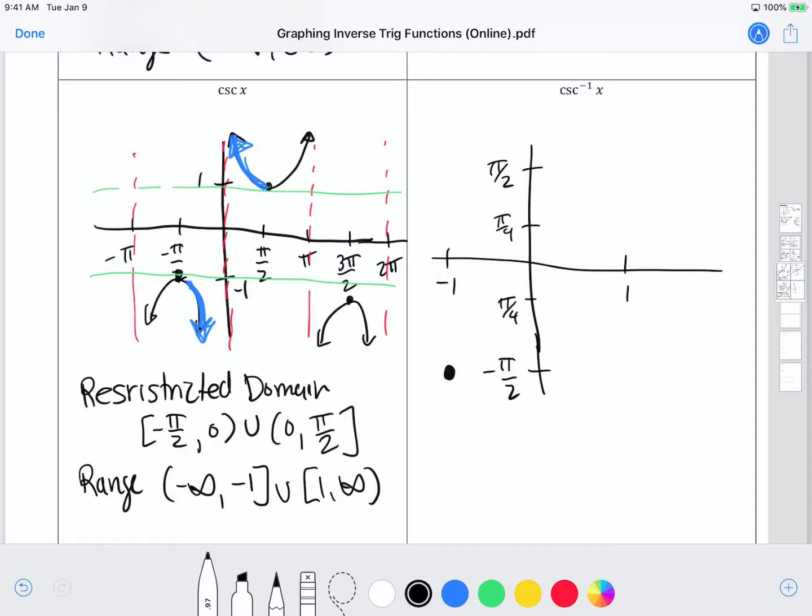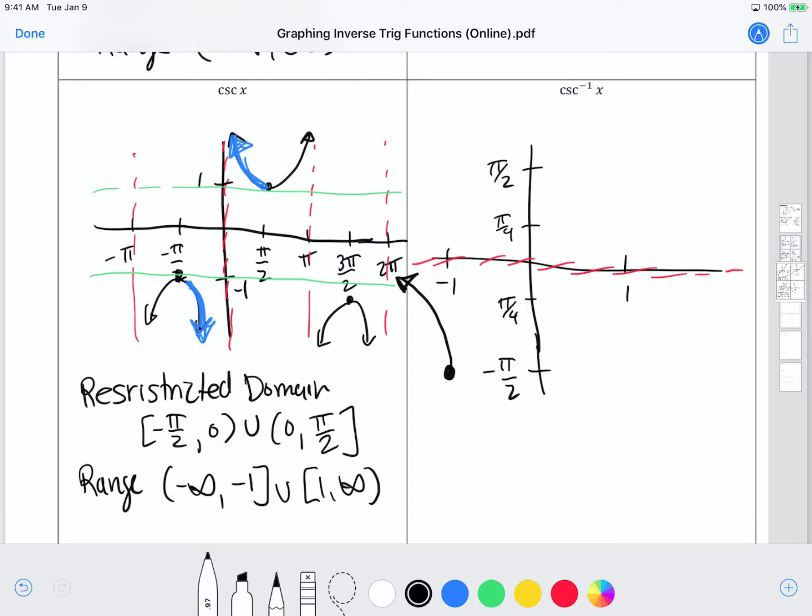We have a vertical asymptote at x equals 0. So on the inverse, we're going to have a horizontal asymptote at y equals 0. So my graph is going to come up like this and flatten out at 0.